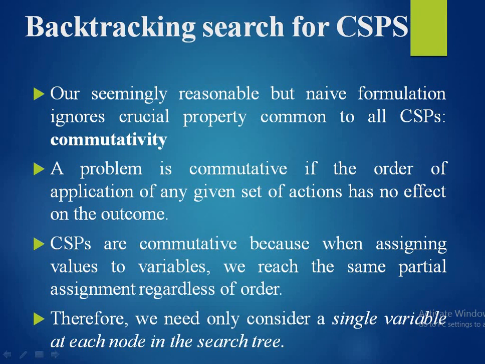CSPs are commutative because when assigning values to variables, we reach the same partial assignment regardless of order. Therefore, we need only consider a single variable at each node in the search tree.